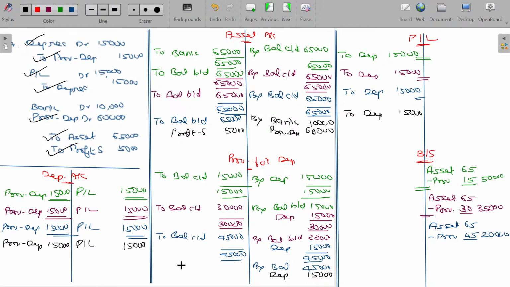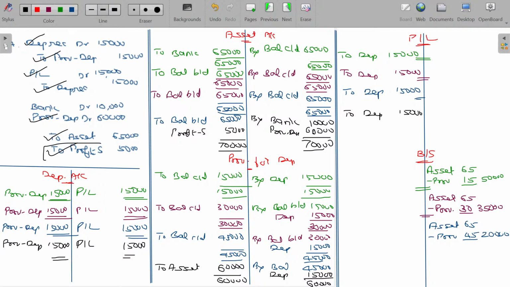In provision for depreciation, here to asset, the value being 60. On sale, provision gets totally eliminated. Its value 60. On telling the asset also, it gets closed completely, has no balance. On telling the depreciation also, it gets closed.